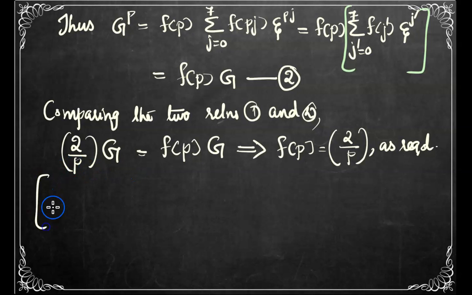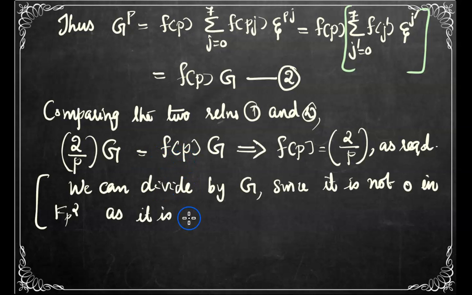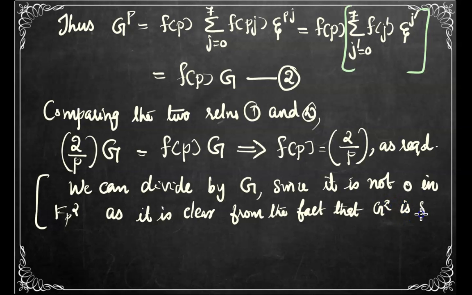This is possible since g is not equal to 0, so we were able to cancel g from both sides of this equation. This is clear since we were able to compute the value of g square as 8. So it is obvious that g cannot be 0. So we were able to cancel g from these expressions. Thus, the proof of our proposition is complete.